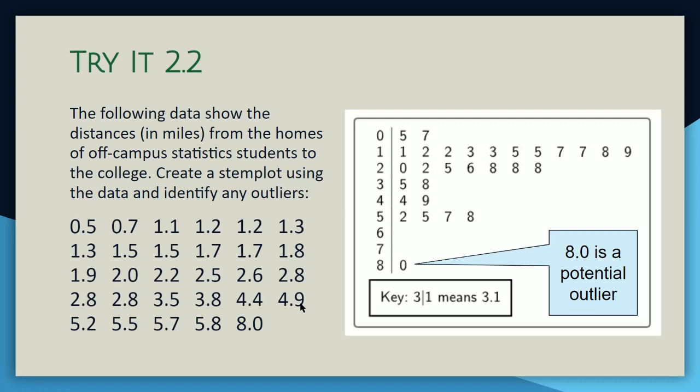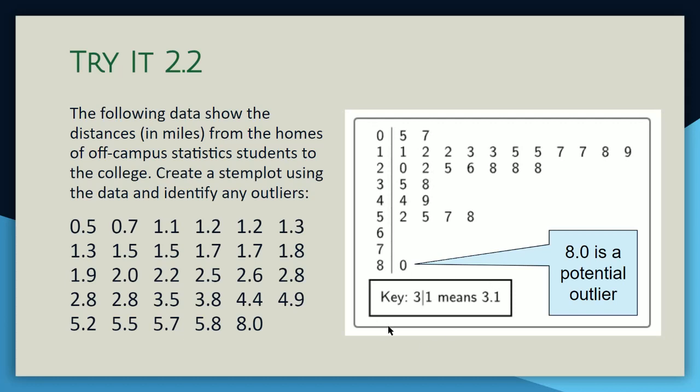So you can see my stem and leaf plot here. I created that in GeoGebra. You will notice that there's a key here, which is important. This data, I have my stem in the ones place and my leaf in the tenths place.